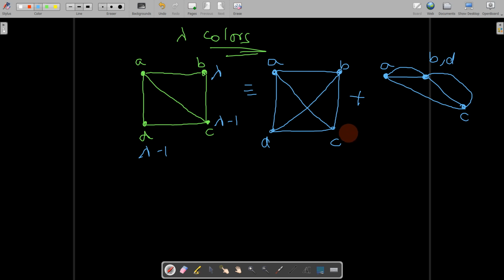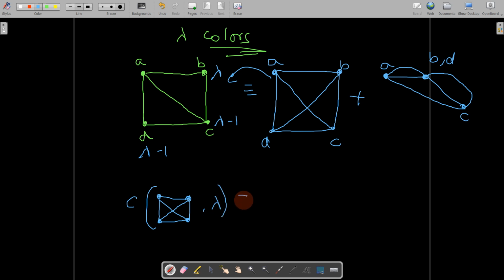So what we can do is move the complete graph on 4 vertices to the left-hand side. Let us write the chromatic polynomial as a function C, which takes as input a graph. Let us make this graph the complete graph on 4 vertices, with lambda colors.